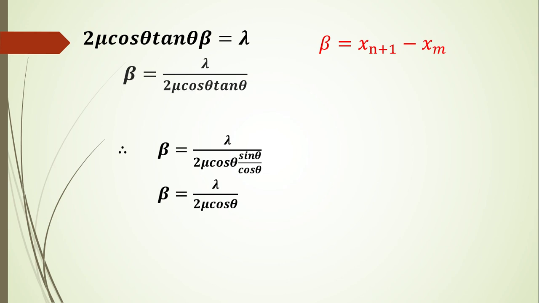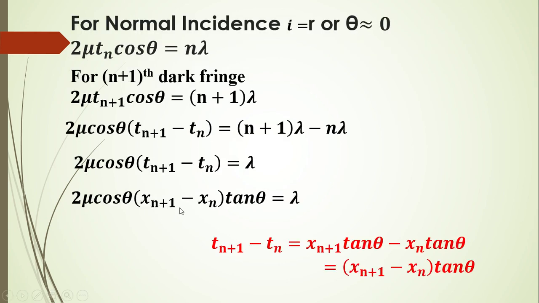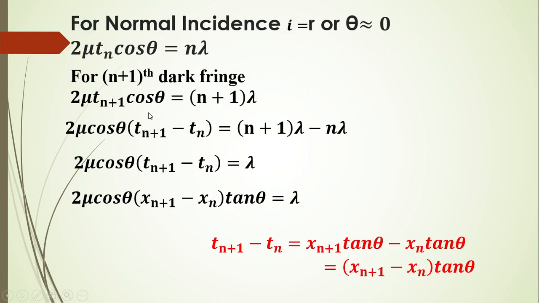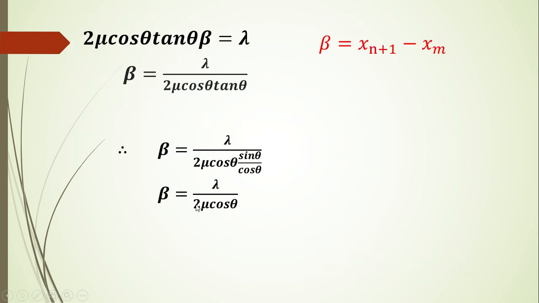So we replace S(n+1) minus Sn by beta. Then 2 mu cos theta tan theta beta is equal to lambda, so beta is equal to lambda by 2 mu cos theta tan theta.